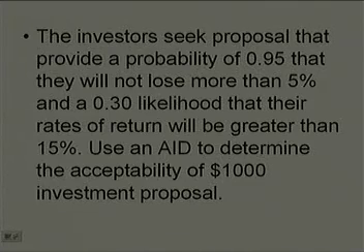Now, the investor is trying to achieve at least two conditions: a probability of 0.95 that he is not going to lose more than 5%, and a 0.30 likelihood that his rate of return will be greater than 15%. These two are his expectations, his aspirations.